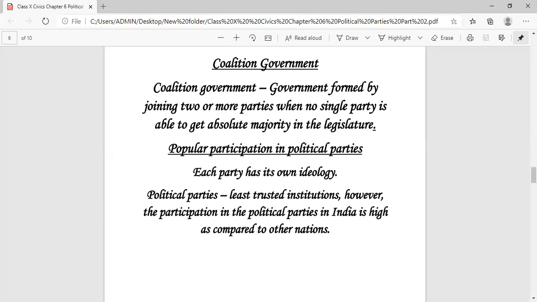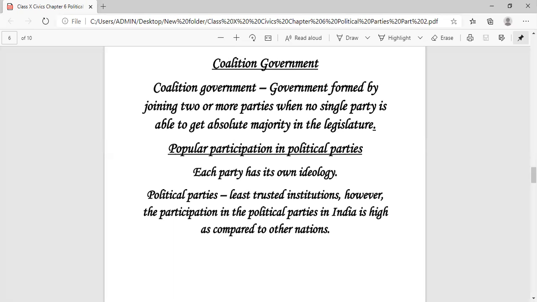Then, under this itself, it is explaining about popular participation in political parties. Each party has its own ideology. One study was done recently on the state of political parties. The study revealed that political parties are the least trusted institutions in the world. However, participation in political parties in India is high as compared to other nations.